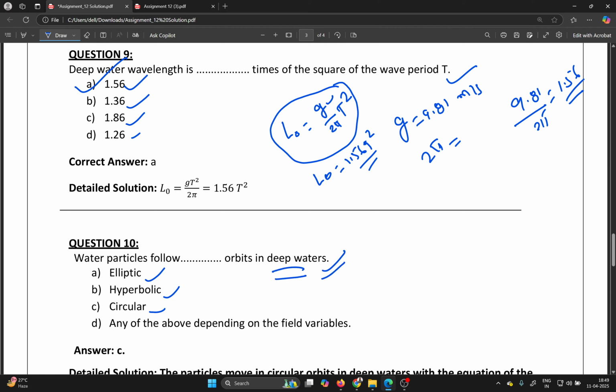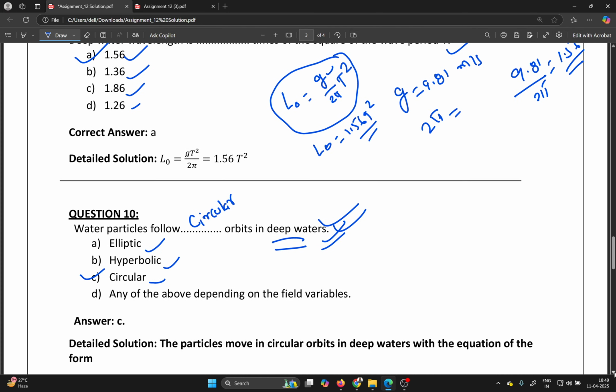In this entire set we have discussed only deep water. So generally your answer will be C, that is circular. Water particle follows the circular orbit in deep water.